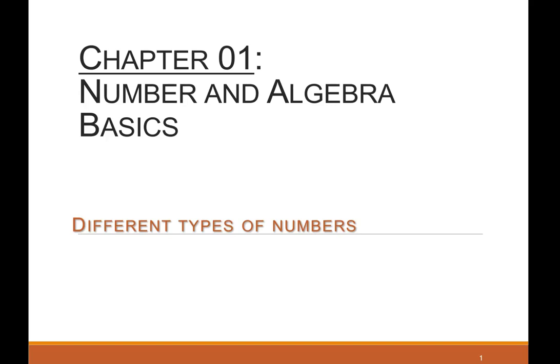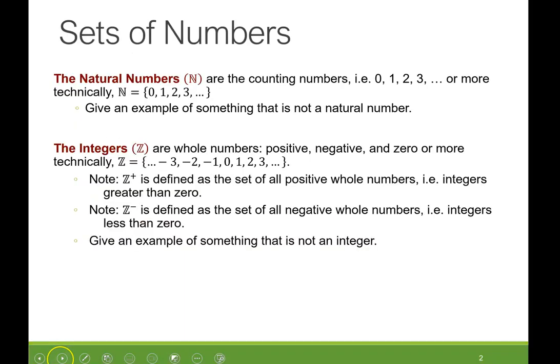Alright. So chapter 1, just kind of an icebreaker, get your feet wet. It has nothing to do with statistics. We're just talking about number and algebra basics. So section 1 is just the types of numbers. Our sets of numbers: we have the natural numbers.